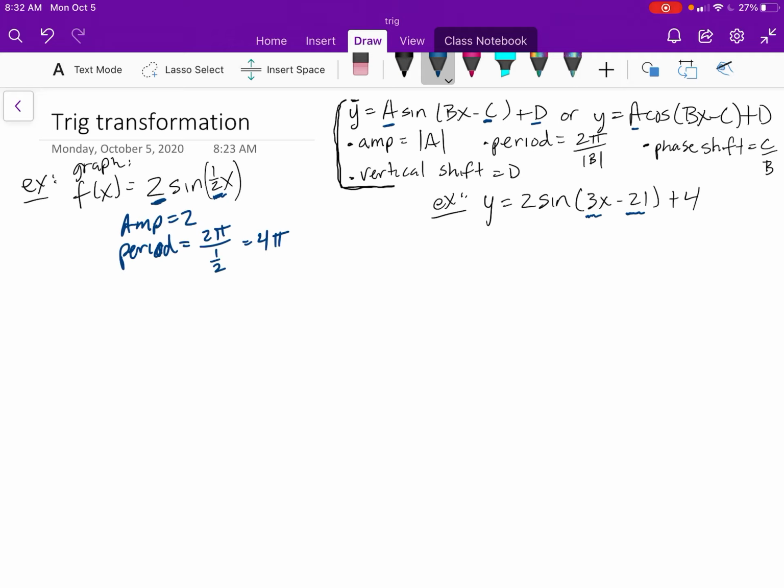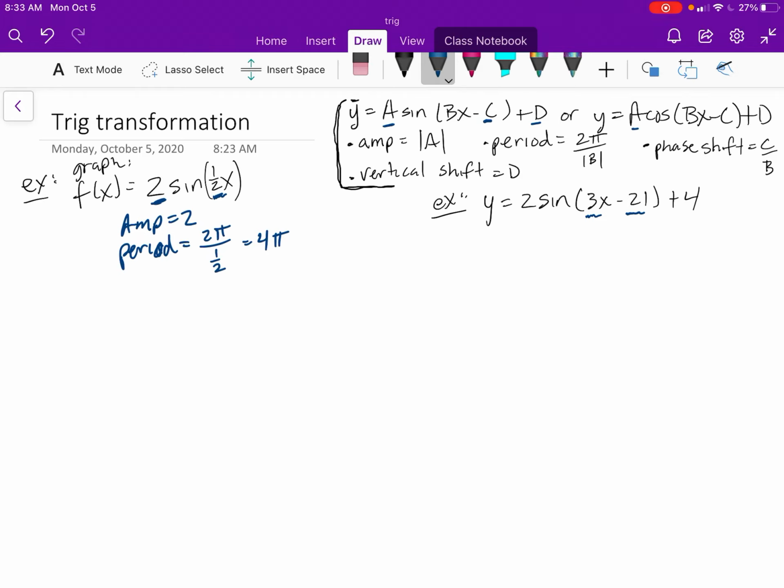Same thing with even a parabola there. Once you have multiple things going on, sometimes it's just best to kind of reassess, rethink, and check a few points. Okay, but we'll do that example here in a second.